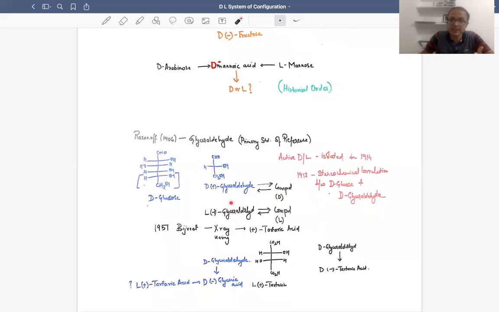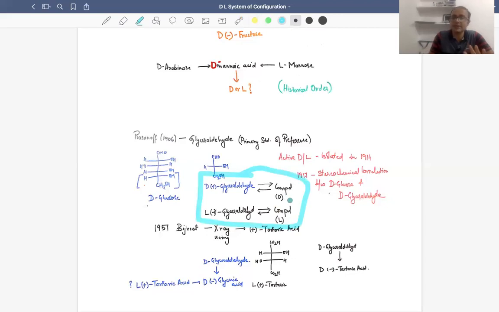Similarly, if you start with L minus glyceraldehyde and synthesize a compound, it would be given L, or inversely, if from a compound you're able to synthesize levorotatory glyceraldehyde, then that would be given an L configuration. So this was the ultimate definition of the D and L configuration.